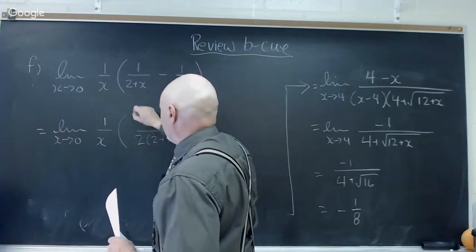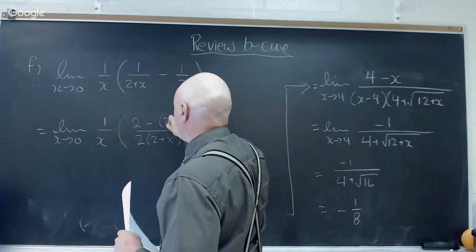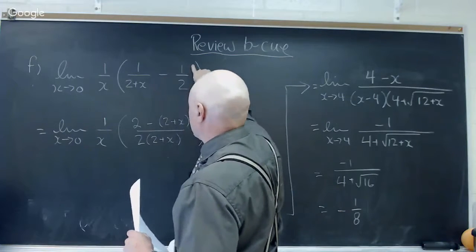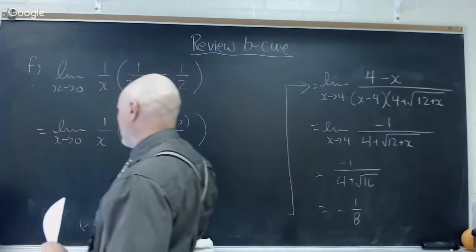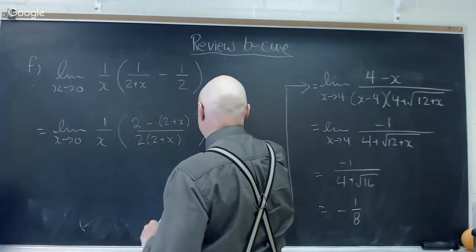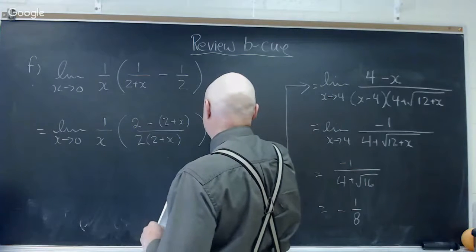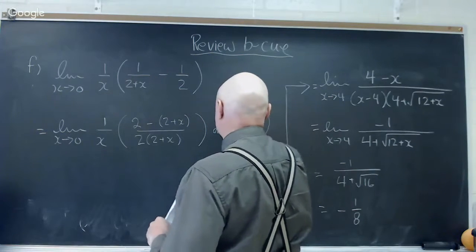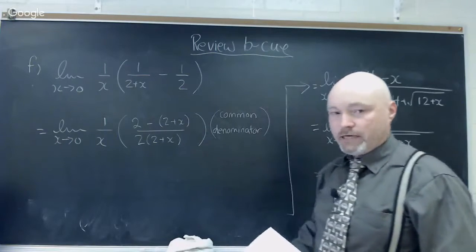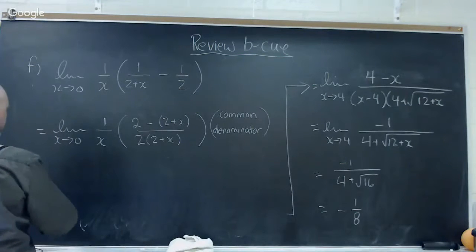And this must be a 2 here, and this must have become 2 plus x. Sorry, I did that all in one step, one big go. I'm going to write common denominator, which is uncommon for me to do. So we did the common denominator thing there. If you want to do the intermediate step, I think that's good.